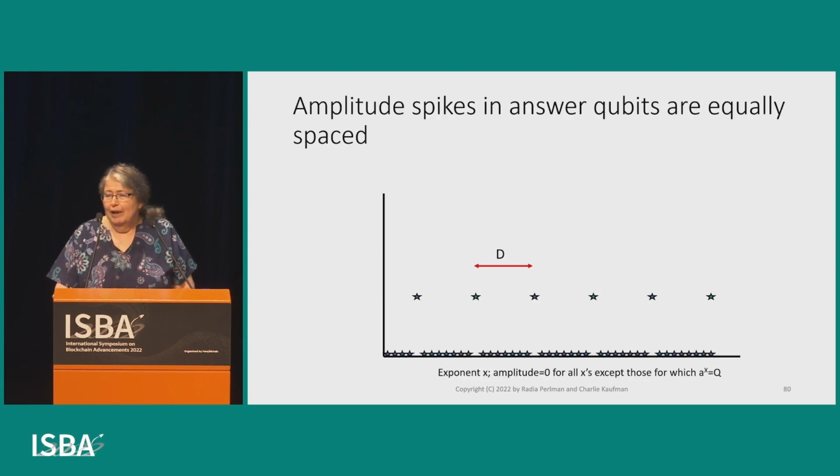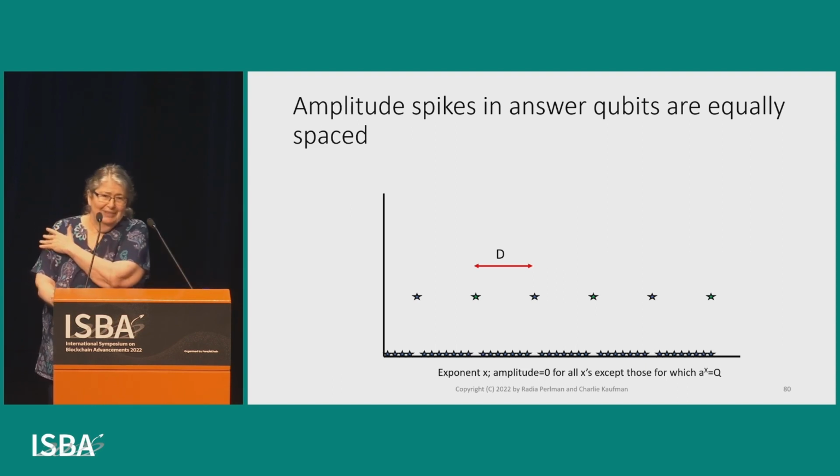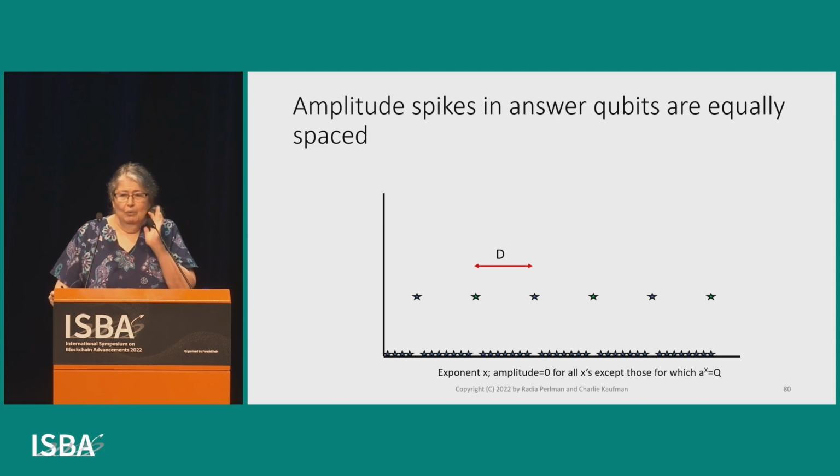Okay, so if you were to graph the amplitude of each value of x, starting with a to the 1, a to the 2, a to the 3, and look at how much of that value of x is in the superposed quantum state in the exponent qubits, you will find that almost all of them are 0, except for values of x for which a to the x equals q.